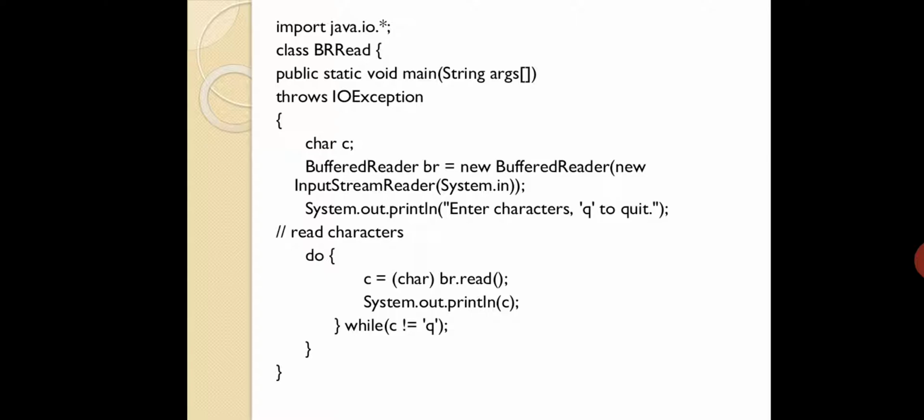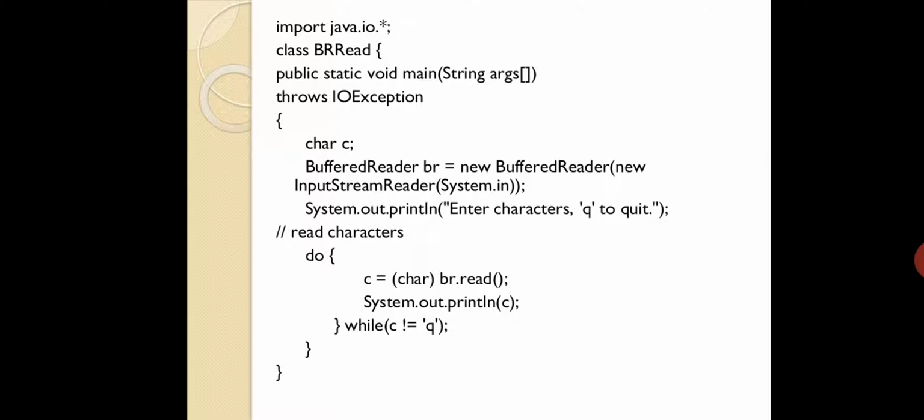Now inside that main method, you are going to declare one variable with the name c, which is of type char. That means c will hold a character value. Now you are going to create the BufferedReader object, with a variable name equal to new, obviously the new keyword, and after that you create the input stream.